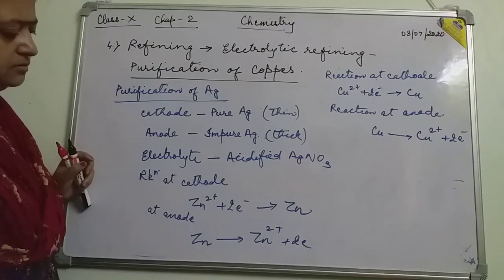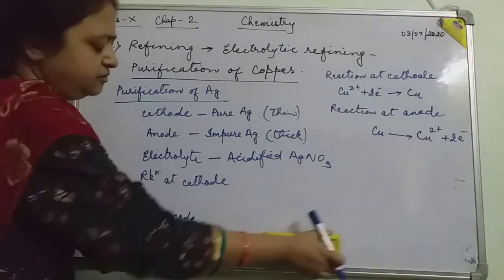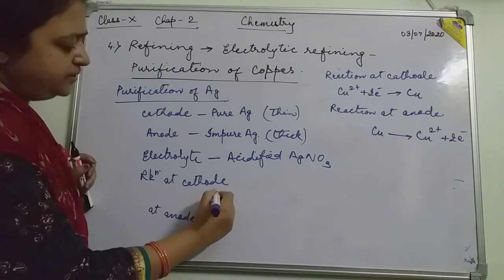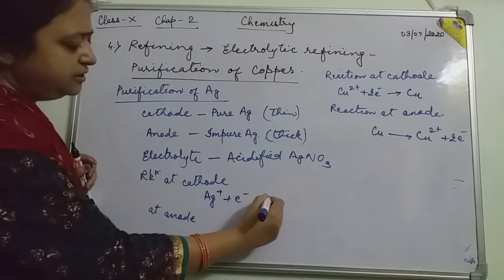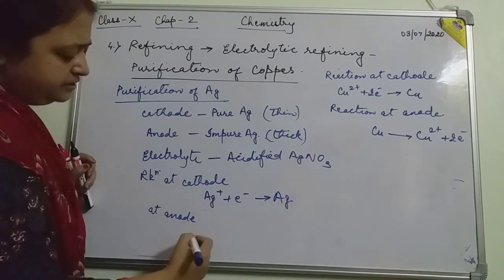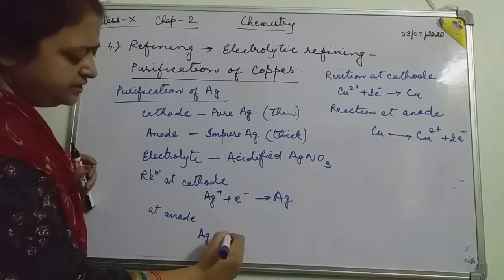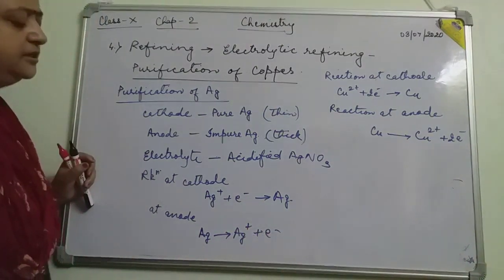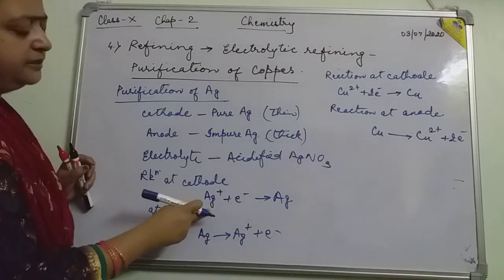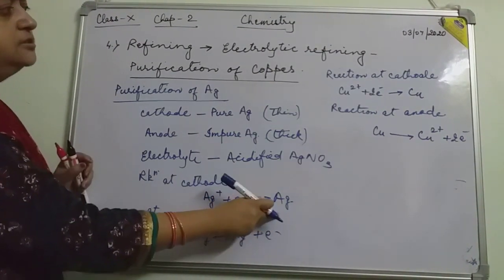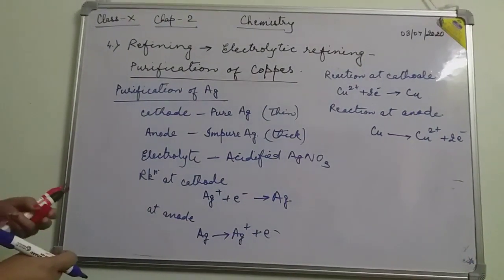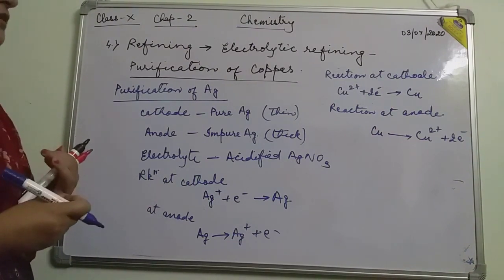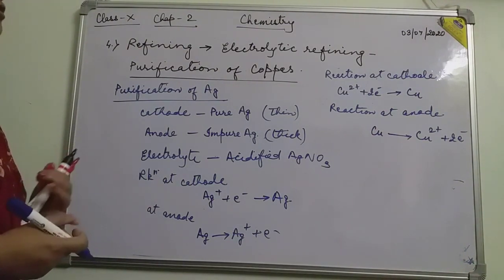At cathode and at anode the reactions are: Ag+ gains 1 electron and becomes silver, and at anode silver loses 1 electron and becomes Ag+ and e-. This silver moves towards the cathode, and by gaining this electron, it becomes silver. This is the purification process of silver. Copper, zinc and silver can be purified by these processes.